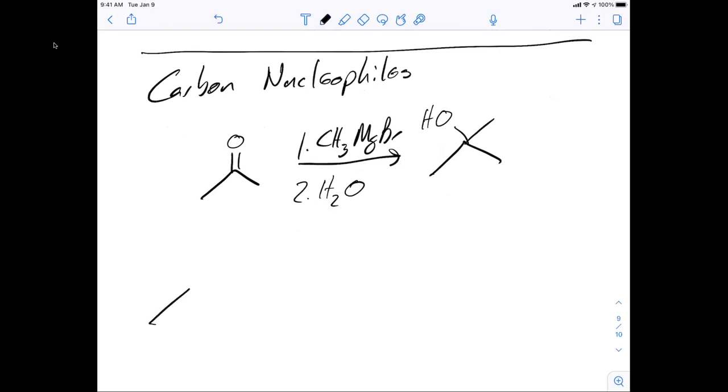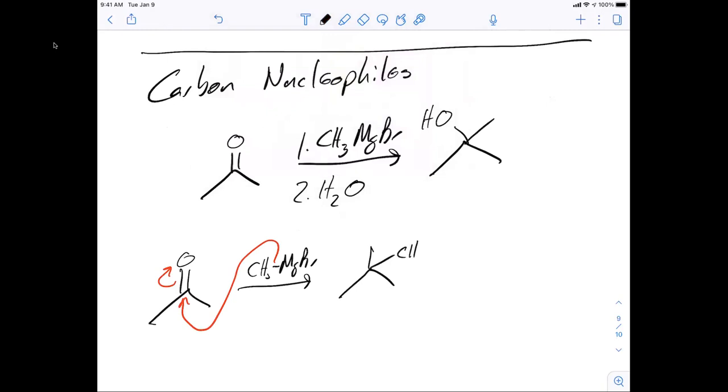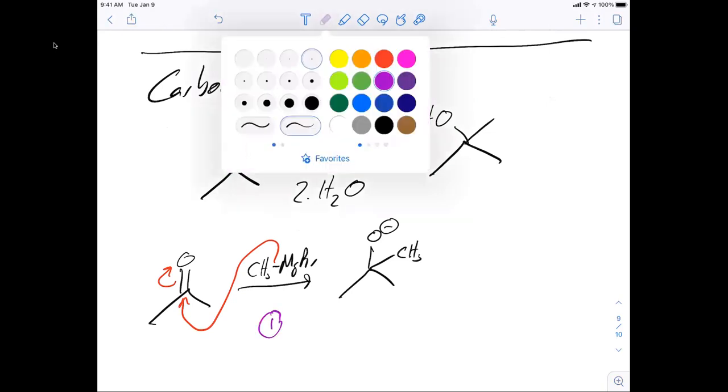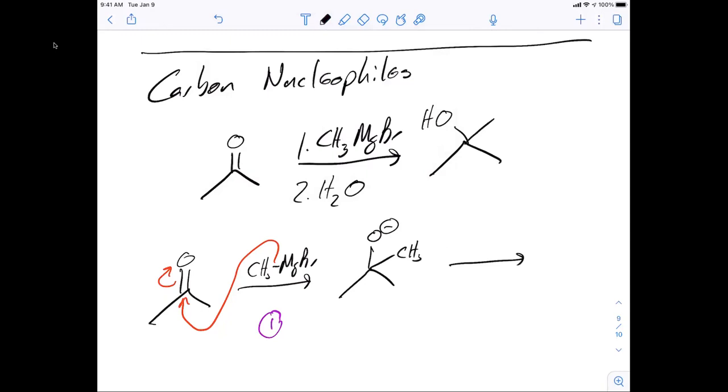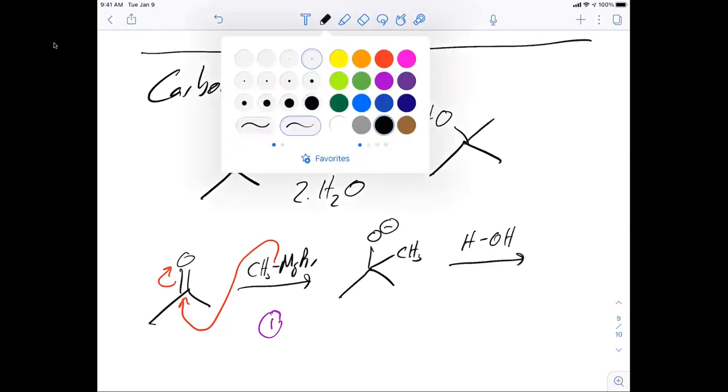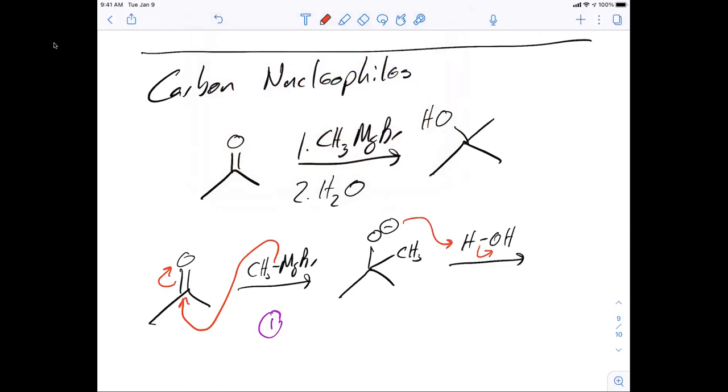The first reaction, we get the nucleophilic carbon doing the nucleophilic attack. We've got the negative, right? So that's step 1. And then step 2 is the water. We'll get a proton transfer.